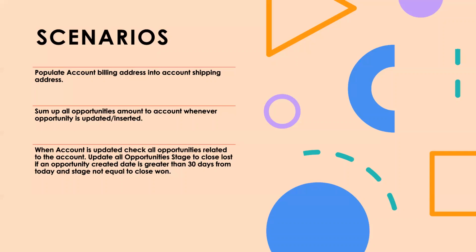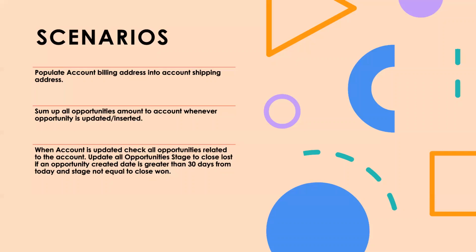you have to check all the related opportunities of that particular account, and update all the opportunity stages to closed lost if the opportunity created date is greater than 30 days from today and the stage is not equal to closed won. Let's talk about the same scenario: you have an account and 3 associated opportunities.